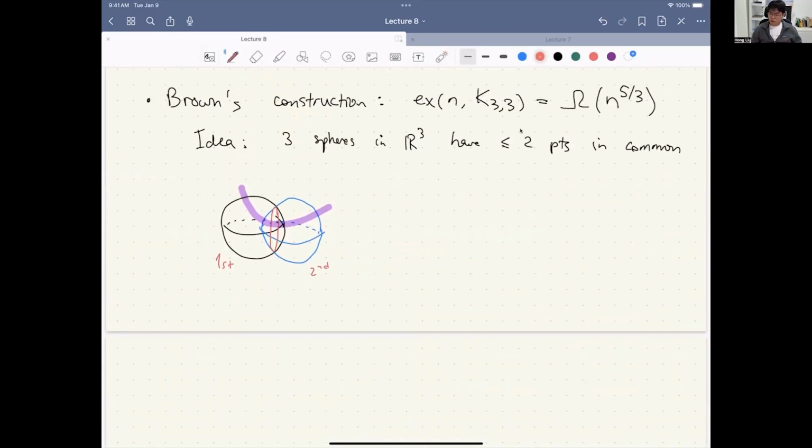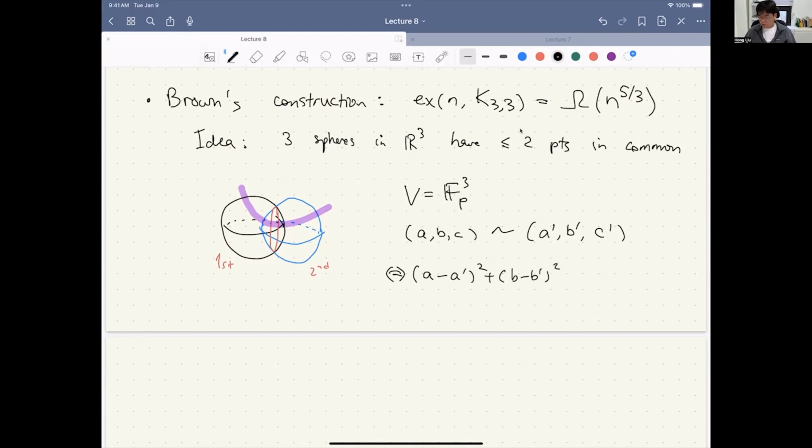How do we make use of this fact? Here's the construction. The vertex set is F_p^3. Two vertices (a, b, c) and (a', b', c') are adjacent if and only if the distance between them is 1, that is, (a minus a')^2 plus (b minus b')^2 plus (c minus c')^2 equals 1.